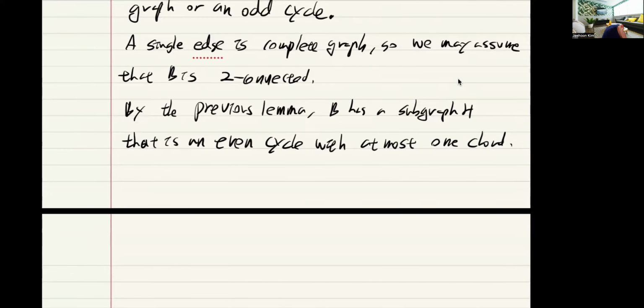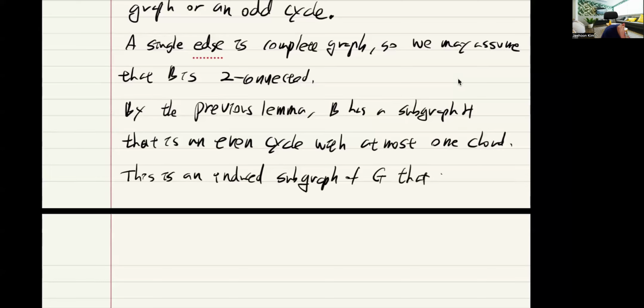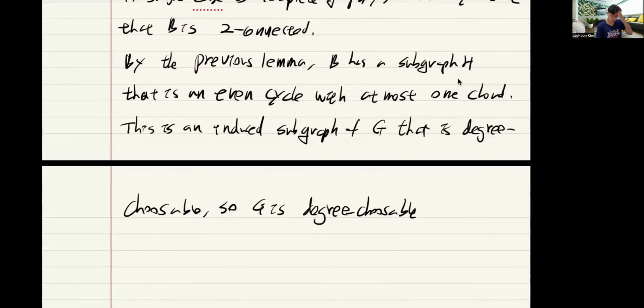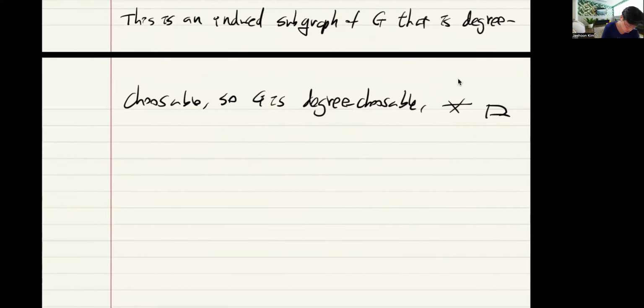And this is an induced subgraph that is degree choosable. So B is degree choosable, which is a contradiction, as we assumed that G is not degree choosable.